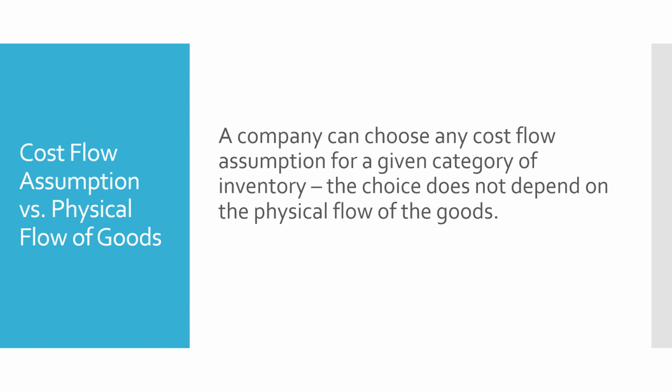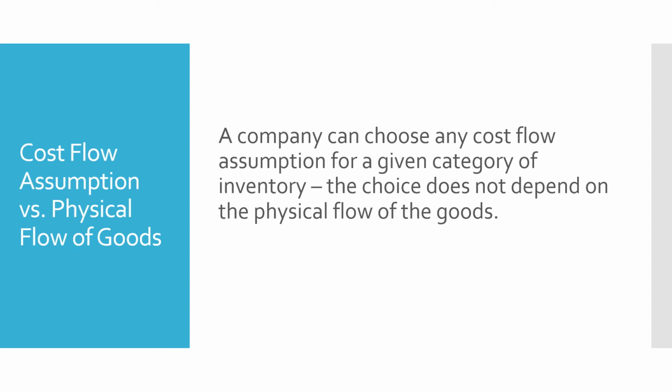So thinking about LIFO, FIFO, and weighted average, we do want to bear in mind that a company can choose any cost flow assumption for a given category of inventory. The choice does not have to depend on the physical flow of the goods. If we were a grocery store, we might want to price our perishable goods at FIFO and have it mirror the cost flow assumption. But if we wanted to use LIFO, we could do that as well.